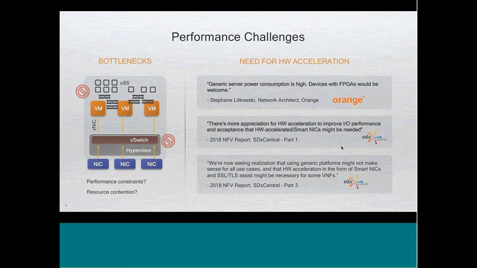In the x86-based architecture, there are NICs, or network interface cards, that connect to the external world or external ports, and those NICs pass the traffic on through the hypervisor, through a virtual switch, through virtual NICs, and through virtual machines or virtual appliances. In this scenario, there are performance constraints and resource contention because every traffic lane is shared among different virtual appliances or virtual machines.